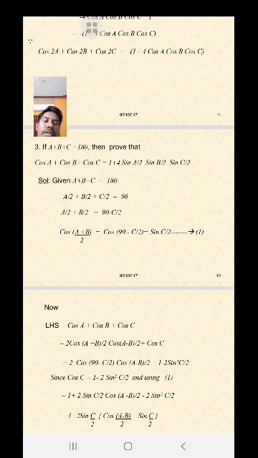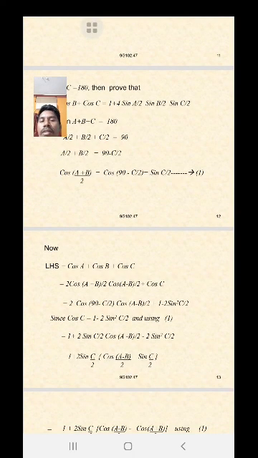So take the condition, that is A plus B plus C equals 180 and divide by 2 on both sides, then we get A by 2 plus B by 2 equals 90 minus C by 2. Then apply the cos, then we get cos of A plus B by 2 equals sin C by 2.